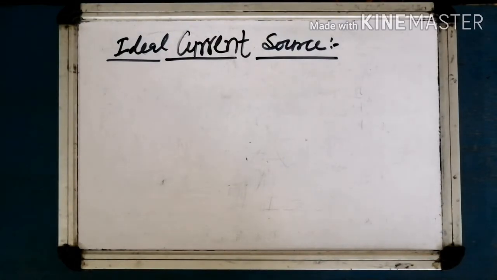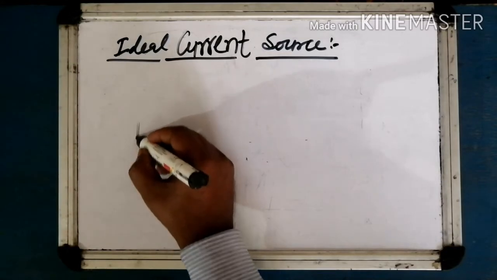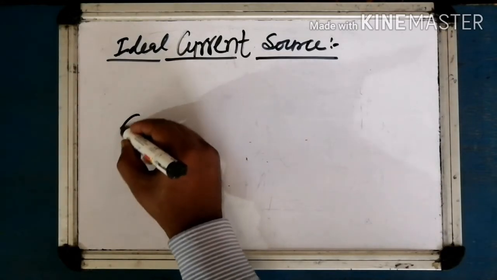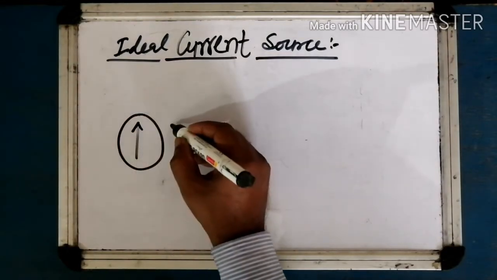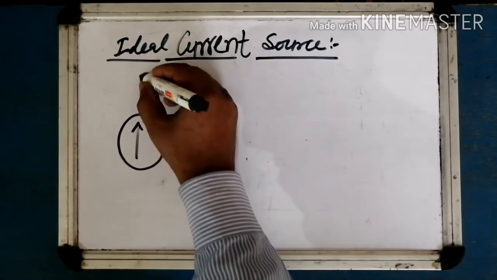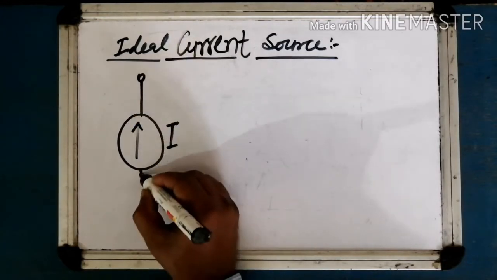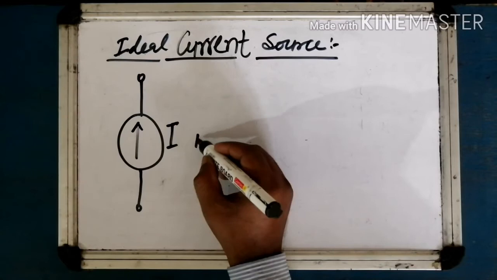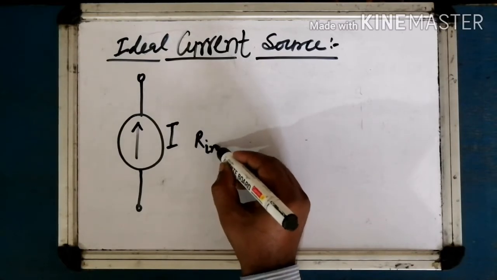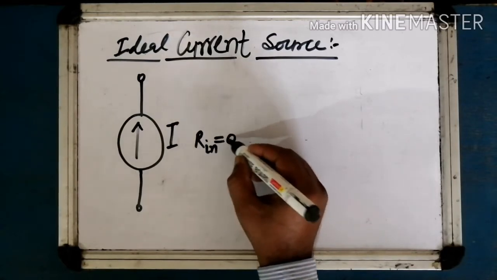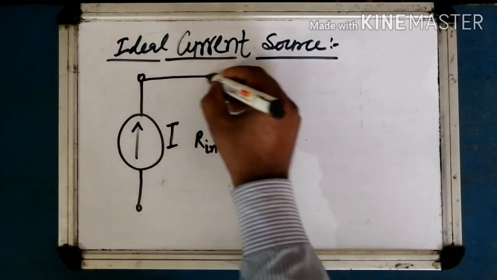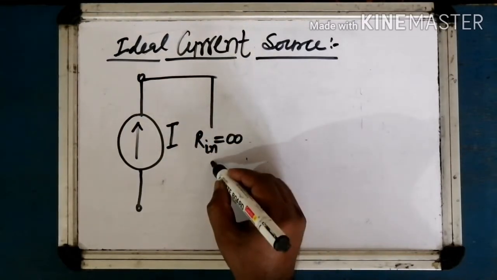Now the next one is ideal current source. See, this is the symbol of ideal current source. Right? What is the characteristics? Its characteristics is that its internal resistance is infinite.